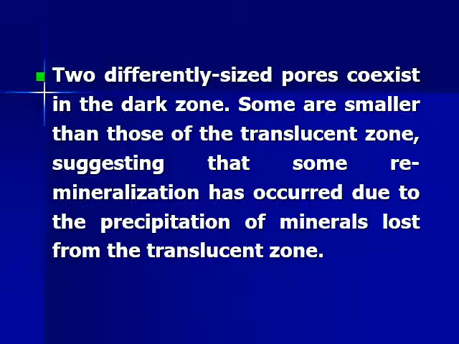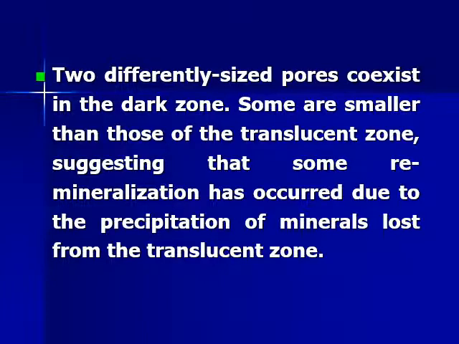So we'll read this to make it clear, to explain it again. In this zone, after remineralization, two differently sized pores coexist in this dark zone. Some were filled with the minerals from the deeper zone during the remineralization, and some were not.